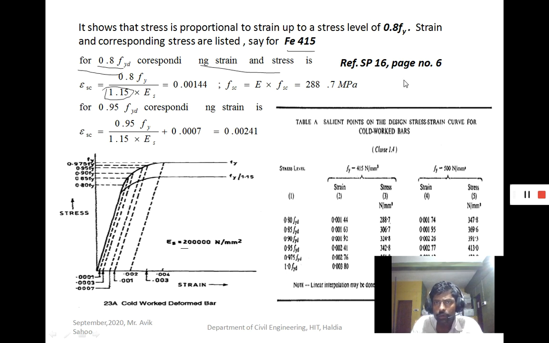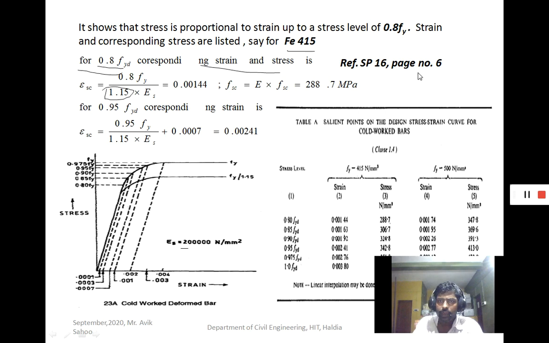SP, you know, I have already discussed what is SP. SP means Special Publication 16, and the page number 16. Actually SP16 is a handbook, and this is basically used for quick design. I mean less time is required to design a member if I use SP16.